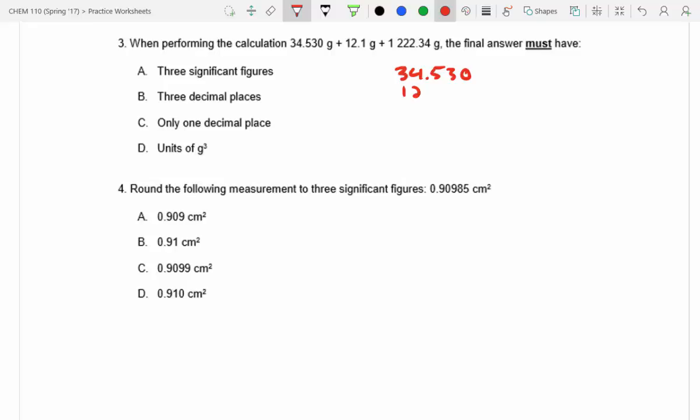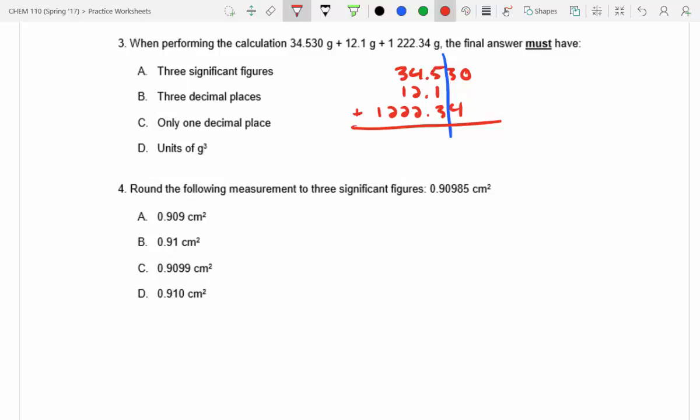We've got 12.1. We've got 1,222.34. Our least precise one is measured at the hundredths place. So I'm just going to draw a line here and say we can't really count anything to the right of that. We're going to add these all together without even doing the math.